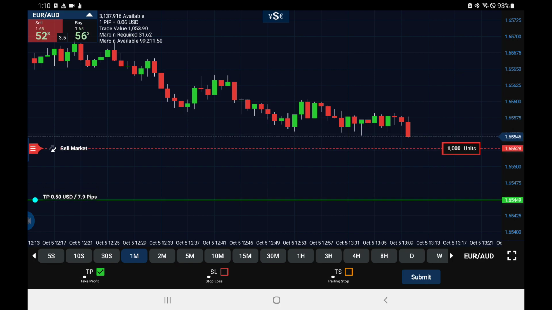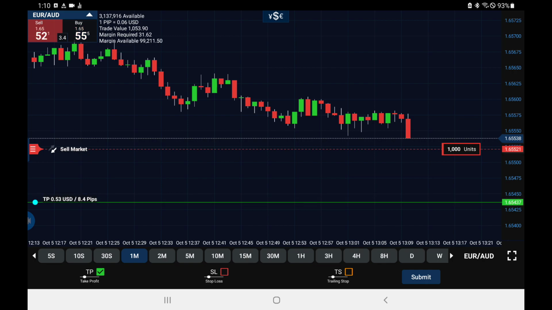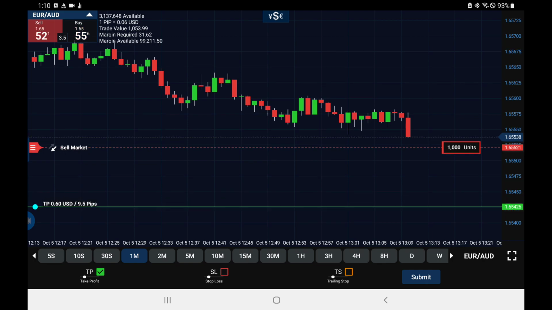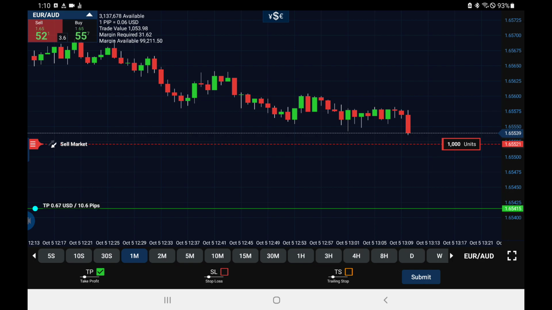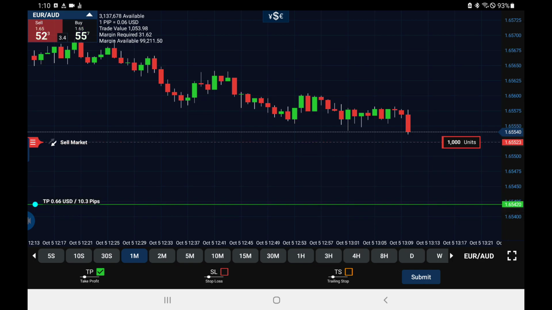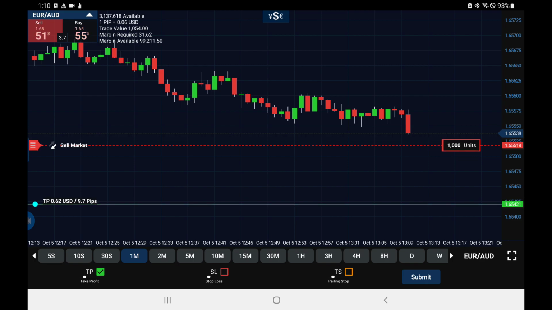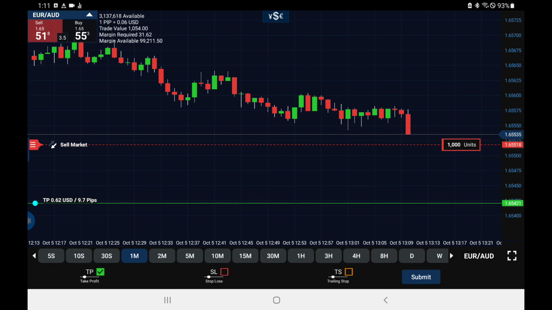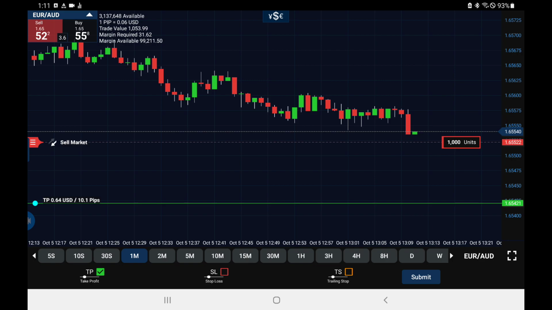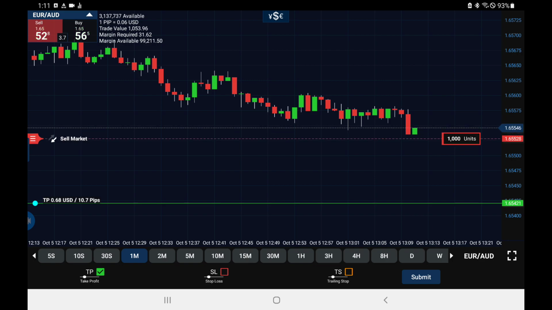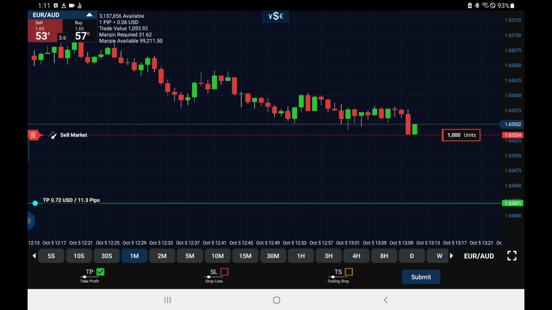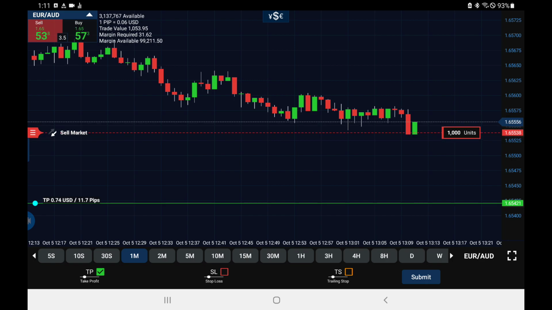Now I'm just dragging this bar till it gets to where I want to have it take my profit. Okay, close enough. So if the price goes down to there, we are going to make money. So 10 pips times 6, we're going to make 60 cents if this makes it this far down.